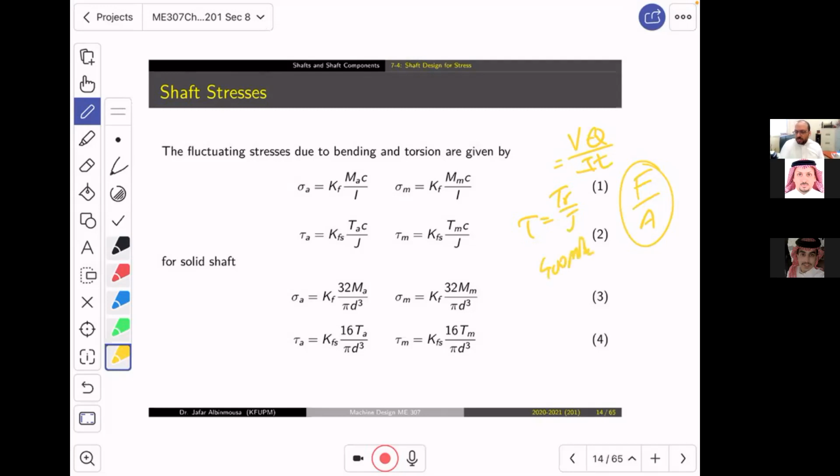It is based on von Mises, 0.577, which is approximately half.